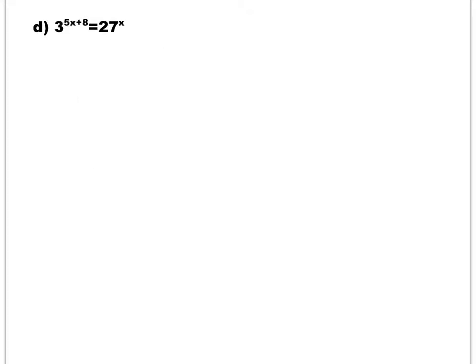The next example, 3 exponent 5x plus 8 is equal to 27 exponent x. Both on the left and right, we have exponents in terms of the variable, but the bases are different. To somehow use the facts 1 or 2, we have to have either the same base or the same exponent.